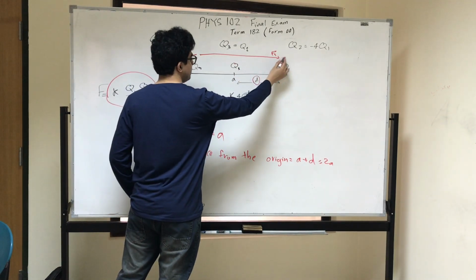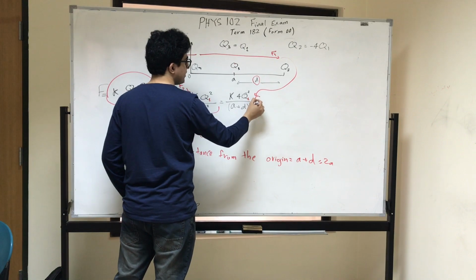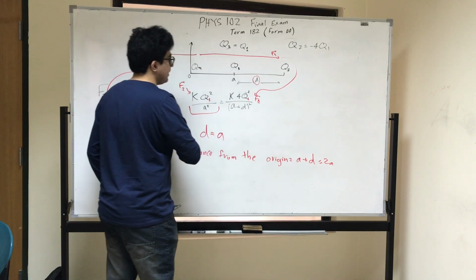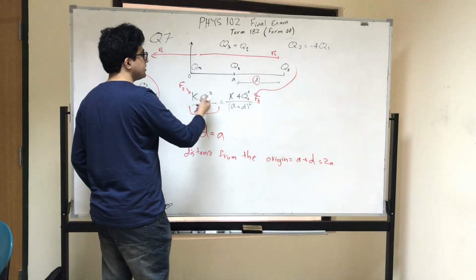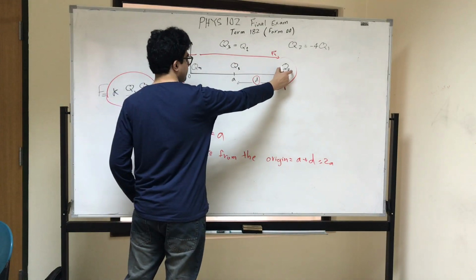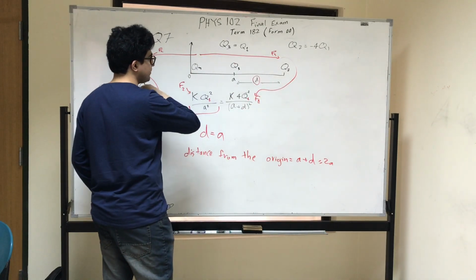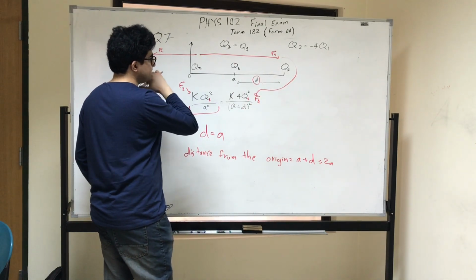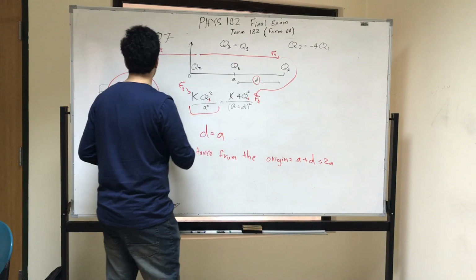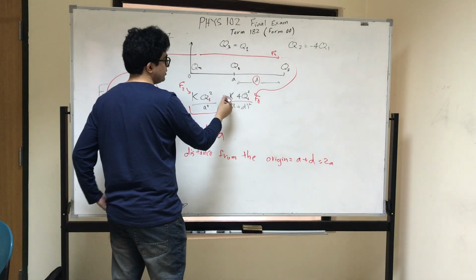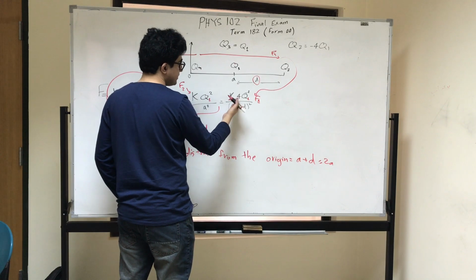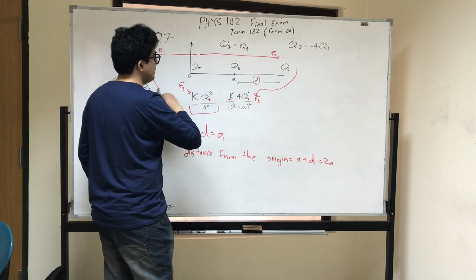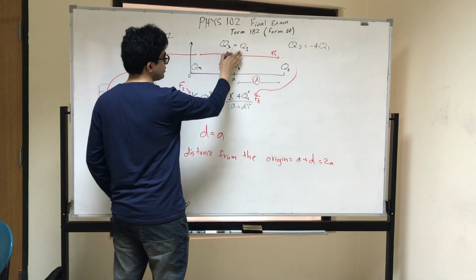Once we have set this up, we want this here to be equal to this. So this over here is F1, and it's the force between Q2 and Q3. In order to solve this, we need to use Coulomb's law, which is K times the first charge. The first charge is Q3, which is equal to Q1.